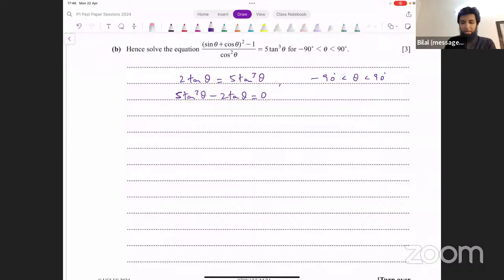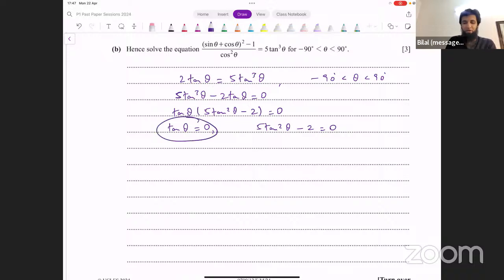Now you take 1 tan common, and that leaves you with tan theta times (5 tan squared theta minus 2) equal to 0. And now it's a product. That means either tan theta equals 0 or 5 tan squared theta minus 2 equals 0. You've got these two equations. You can solve these two equations separately, and they will give you the possible values of theta.